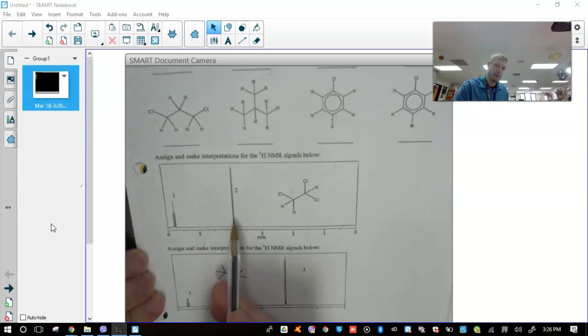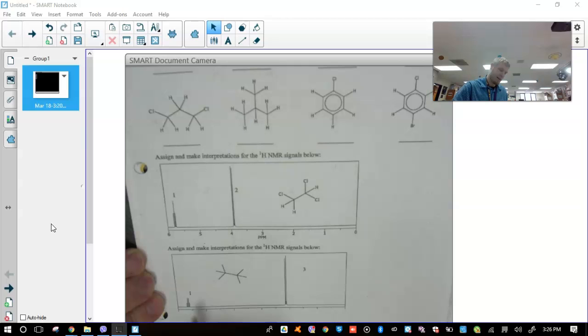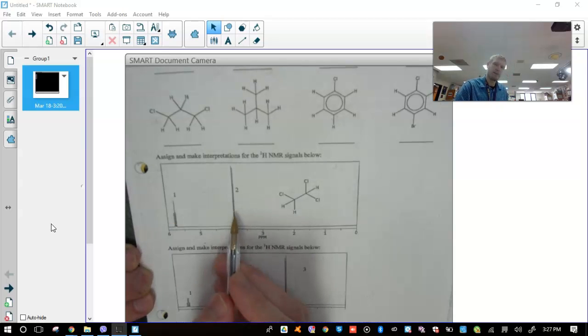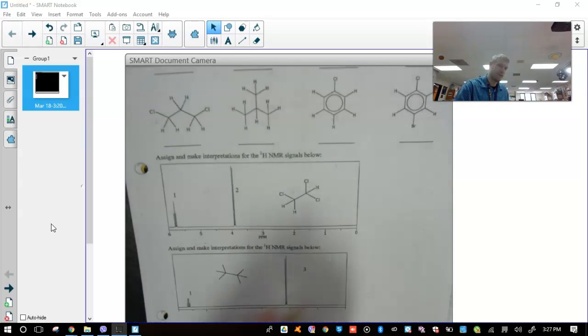This is called a doublet because there's 2. If you had just 1 peak, it would be called a singlet. And here, this is called a multiplet because there's 4 or more, or you could call this a quartet because there's 4. Alright, so each of these peaks represents a different type of hydrogen.